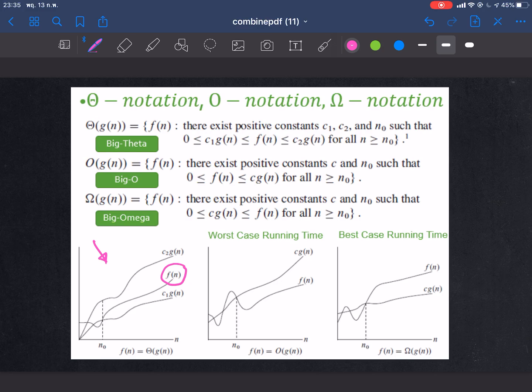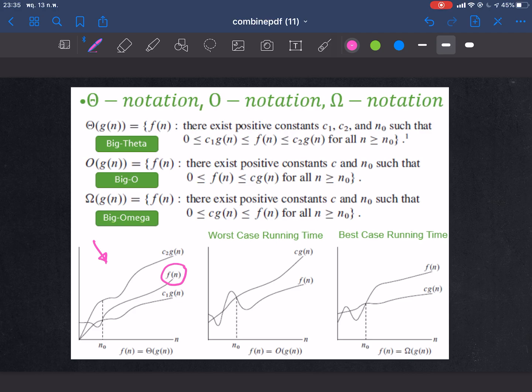Because we analyze an algorithm's time complexity depending on the size of input, because normally when the size of input increases, the number of operations in the algorithm will normally increase. So we define it in terms of the size of input n.